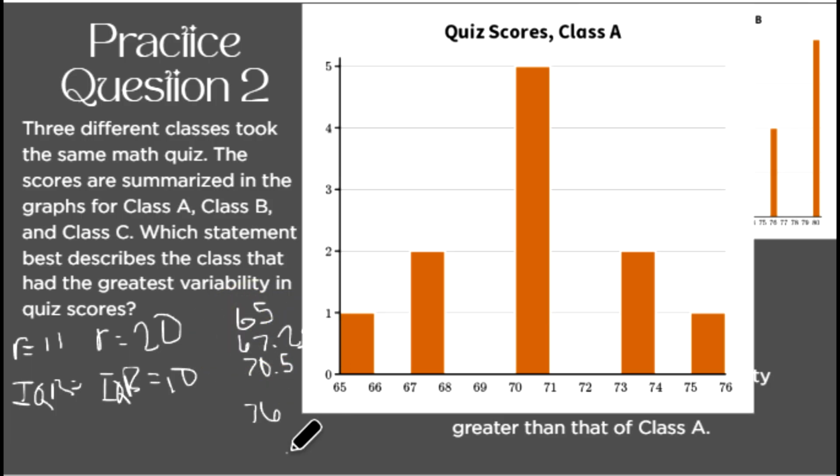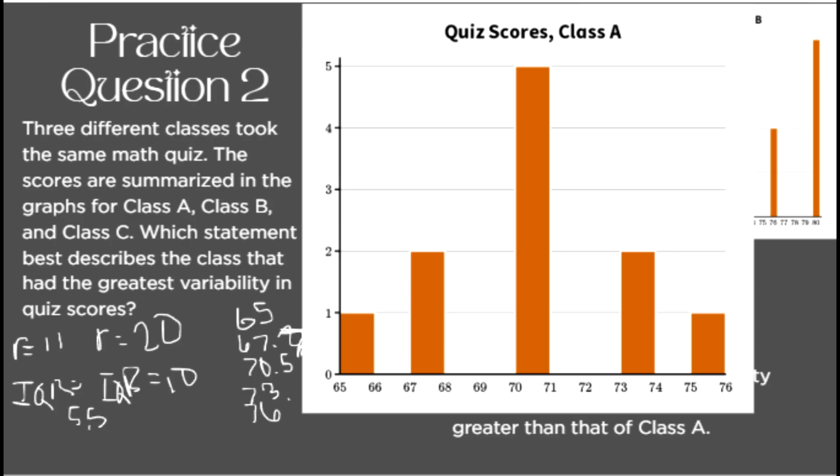I'm probably doing this wrong because I'm not the smartest person. 70, so half, 5.5, 2.75, so 72 plus 3/4 will be 73.25. Woo! So I'm just getting my calculator for this. 73.25 minus 67.75 gives us 5.5. So the IQR here is 5.5.